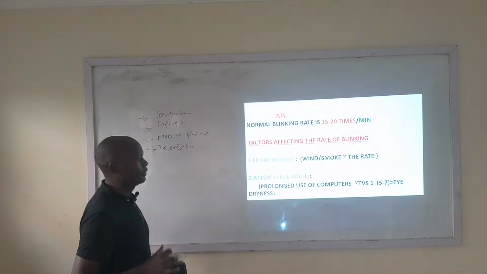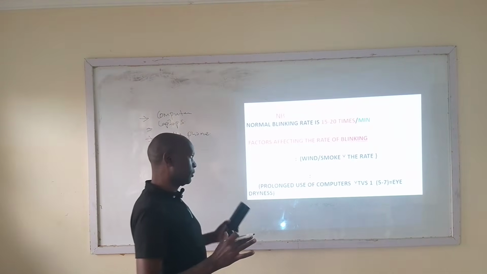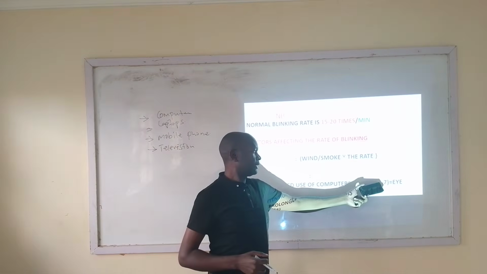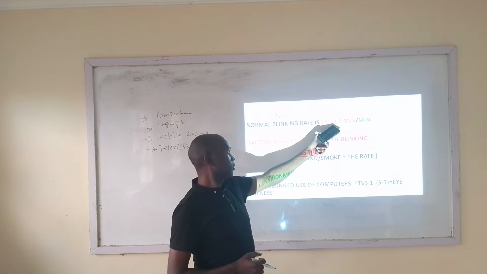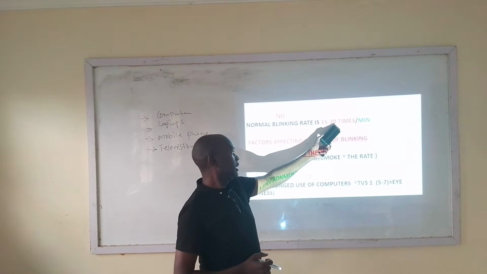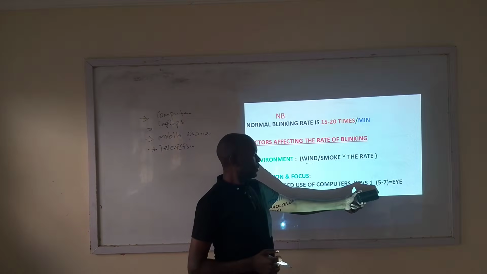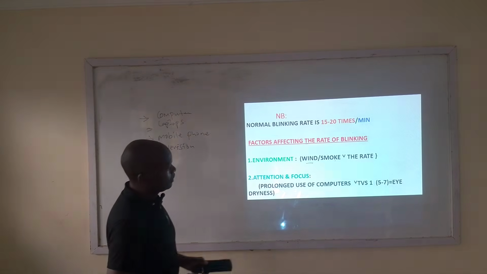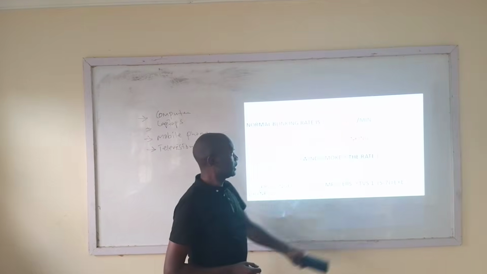When you stare at the television set for prolonged hours, it normally reduces the rate of blinking from 15 to 20 times per minute, as low as 5 to 7 times per minute. So this is a very drastic difference.